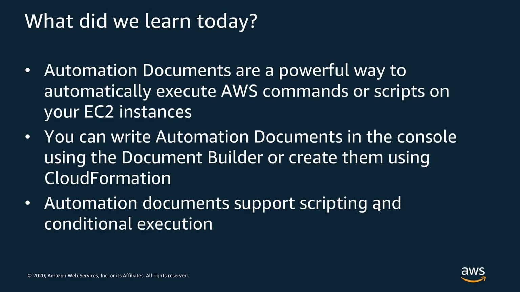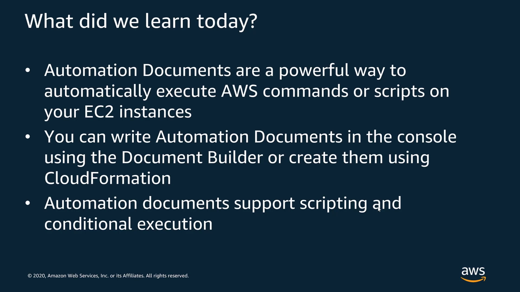So let's go over what we covered today. First, automation documents are a fantastic way for you to automatically execute either AWS commands or even scripts on your EC2 instances. You can write these automation documents manually in the console using the document builder, or you can use the JSON or YAML syntax in the editor, or you can deploy them into your AWS account using CloudFormation templates.